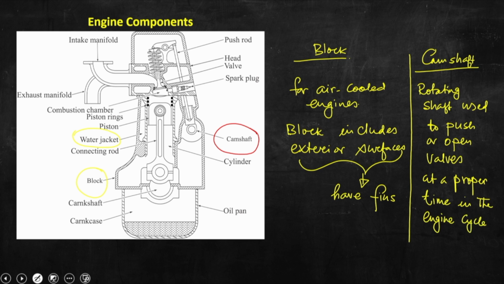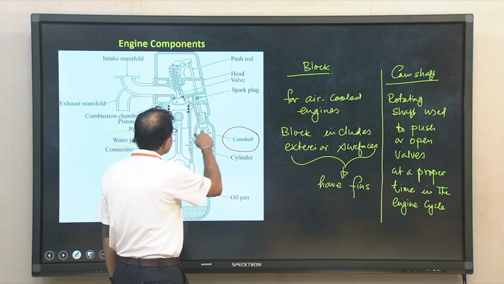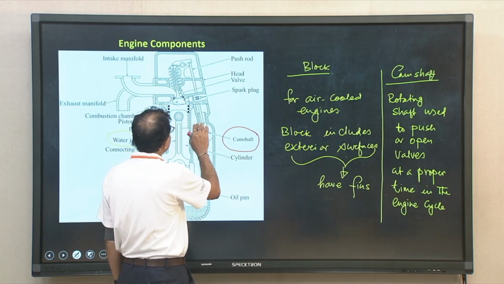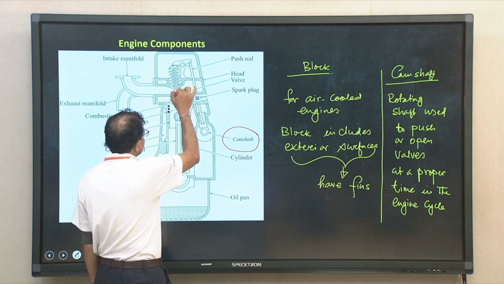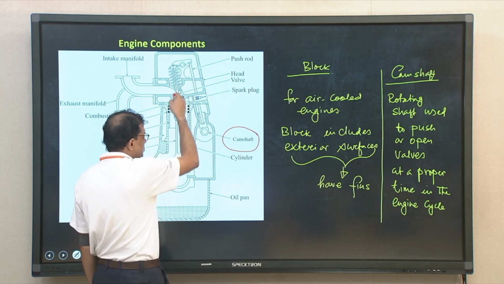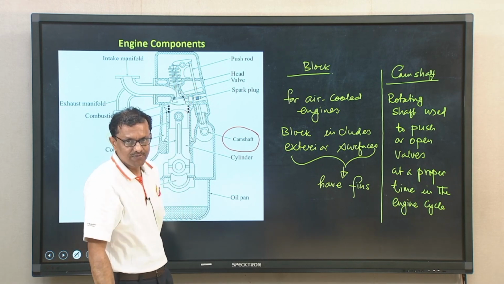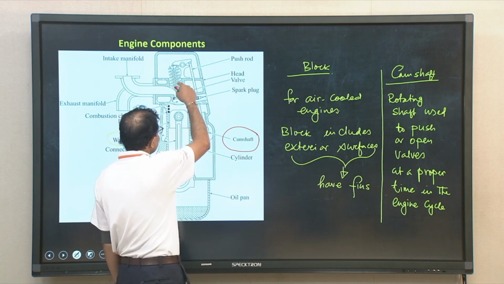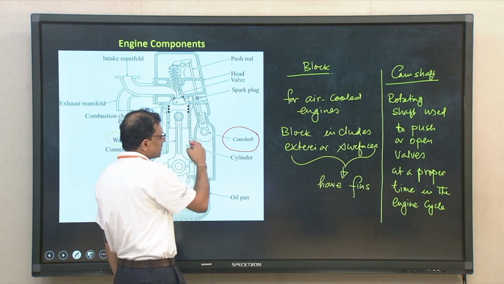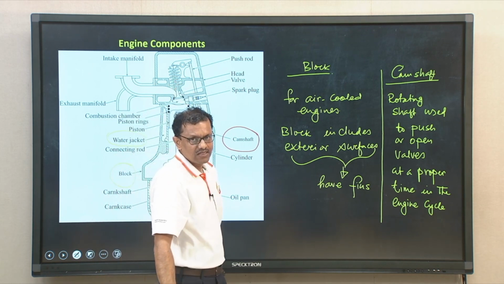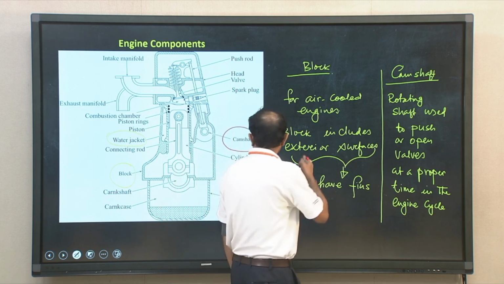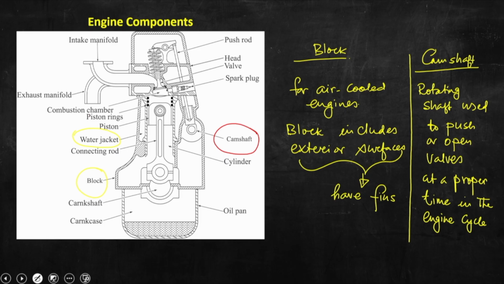The shaft is used to push the valve to open it, because valves are closed by default, spring loaded. So, to open the valve at a proper time in the engine cycle, this rotating shaft, the camshaft, allows us to push or open the valves.